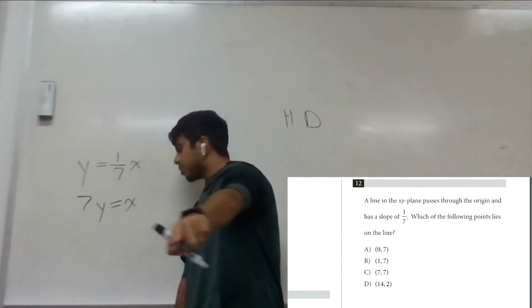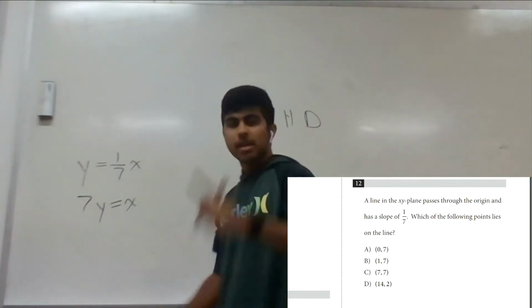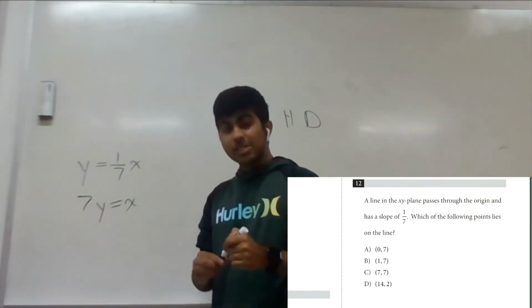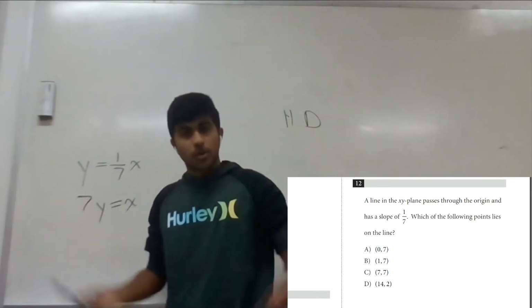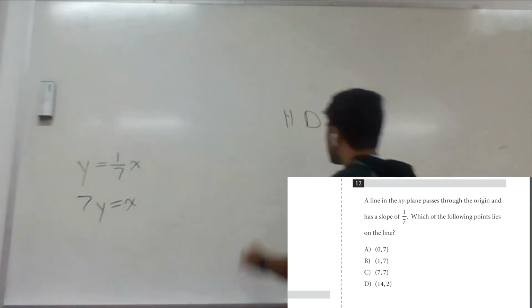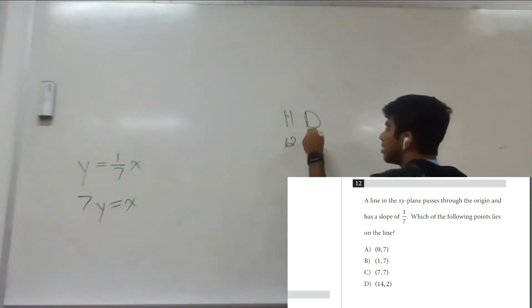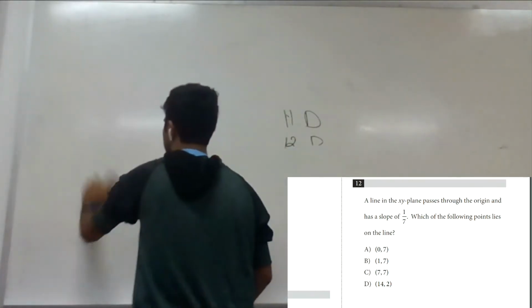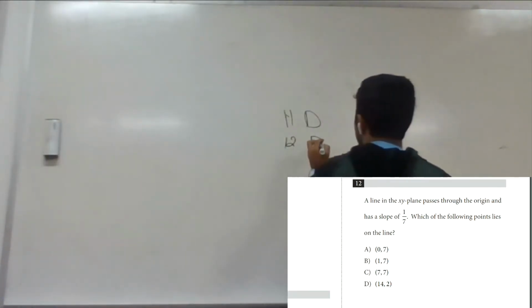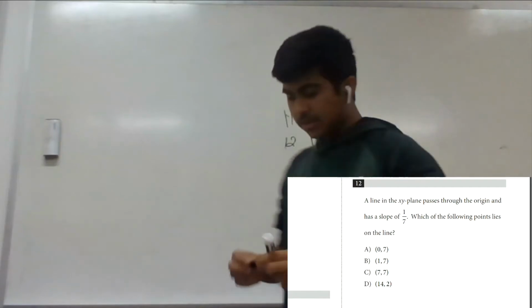And I see that choice D has an x coordinate that's 7 times the y coordinate. It has 14, 2. If I plug in 14 here, I get 2 here, so it works. 14, 2 is our answer, choice D. We get choice D twice in a row. That was a fumble. Choice D.